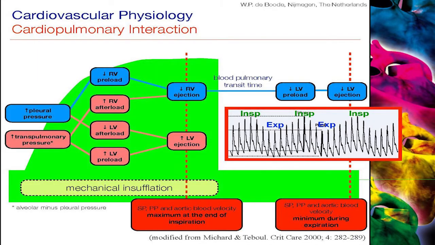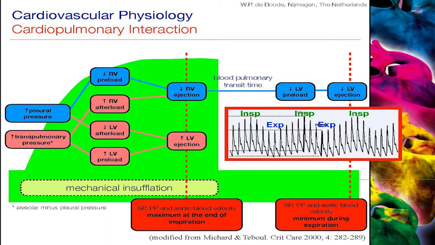Then, the last subject is the cardiopulmonary interaction. When a baby is on a ventilator, it has an interaction with the circulatory system. What you see over here is a mechanical insufflation, increased pressure, that will increase both the pleural pressure and the transpulmonary pressure.